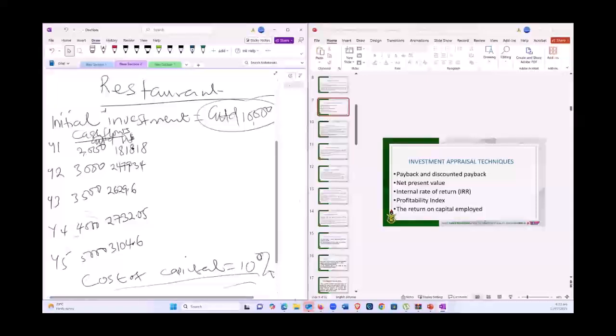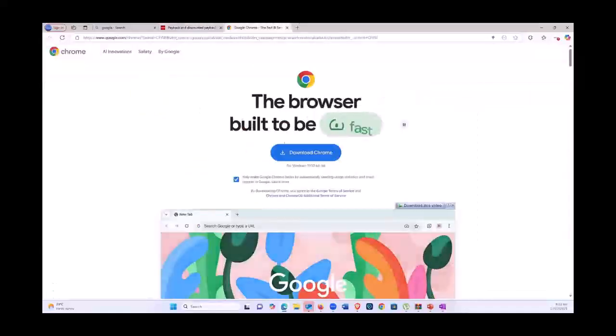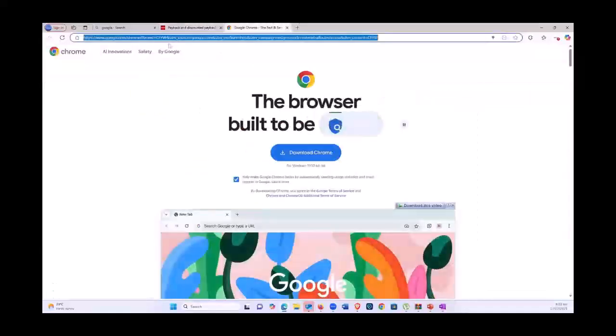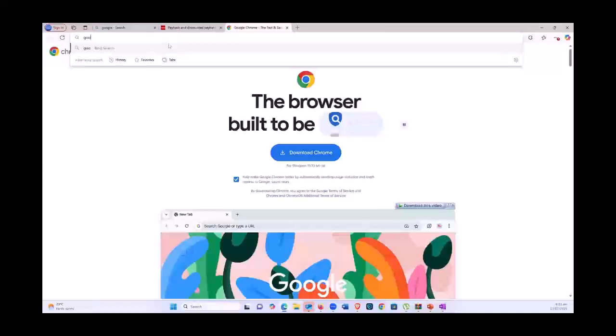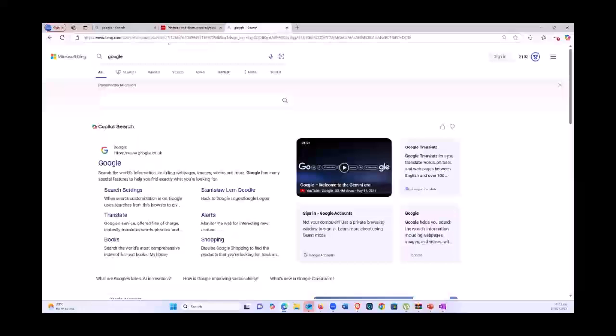Let me see if I can get a calculator online. Scientific calculator.